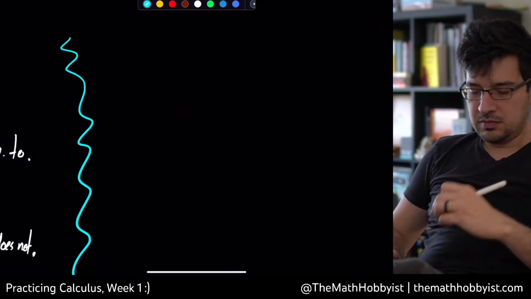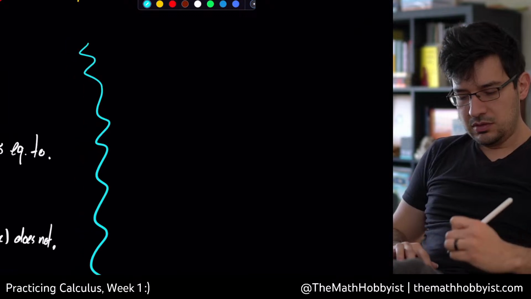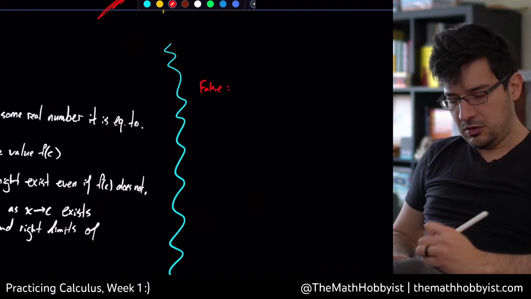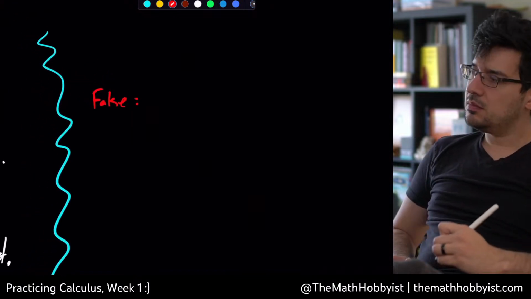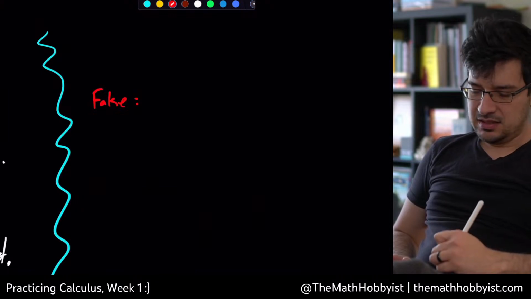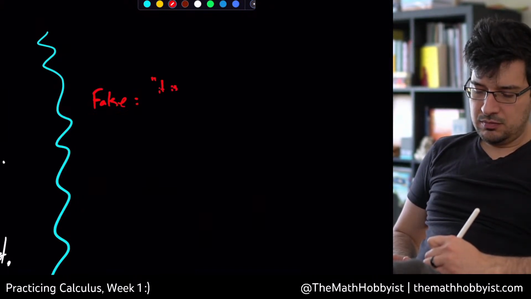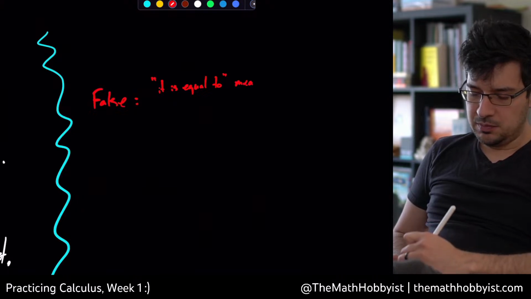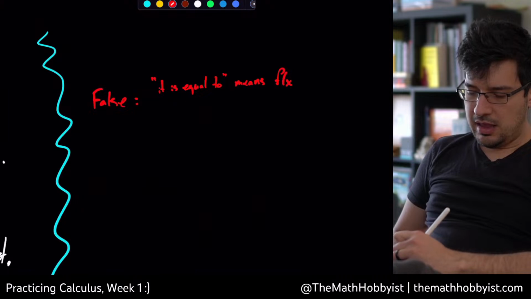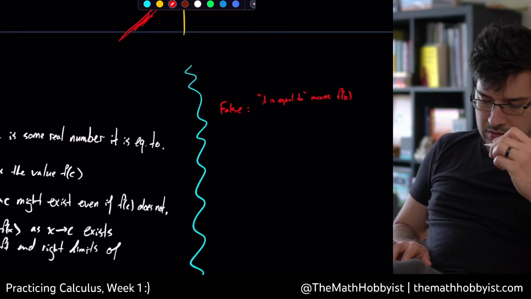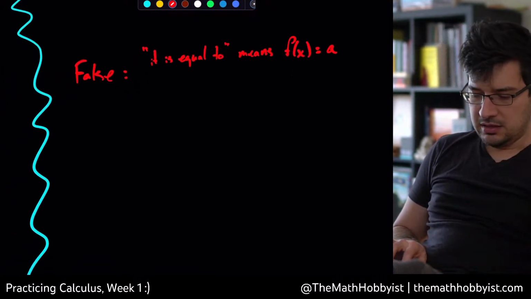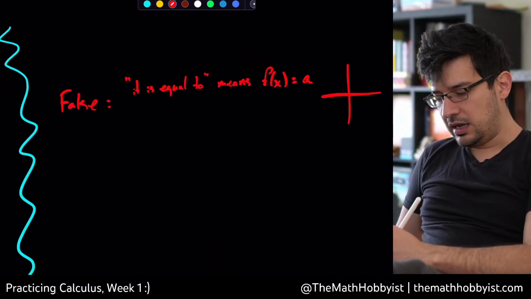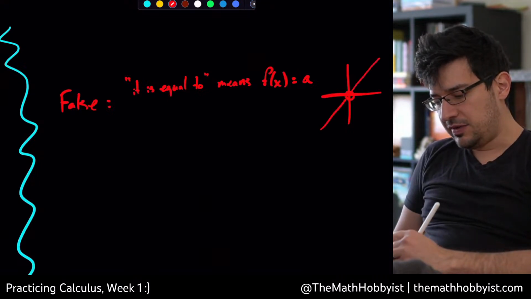My first thought was false. If "it is equal to" means f of x equals the real number a, then we get the example I created where f is undefined at a point.